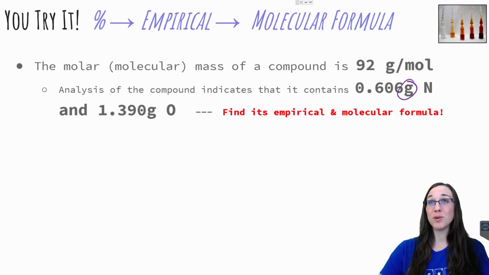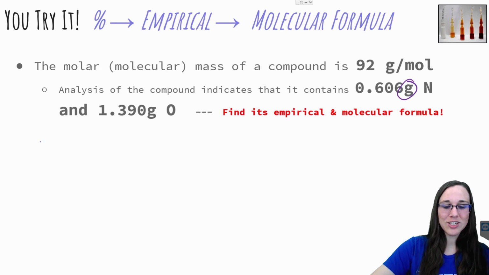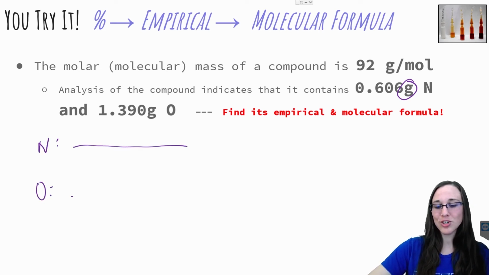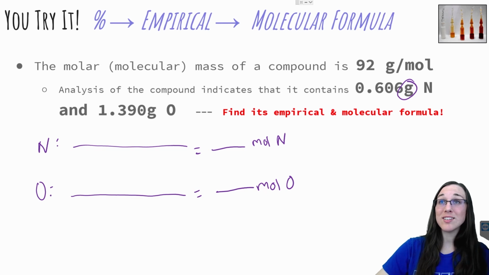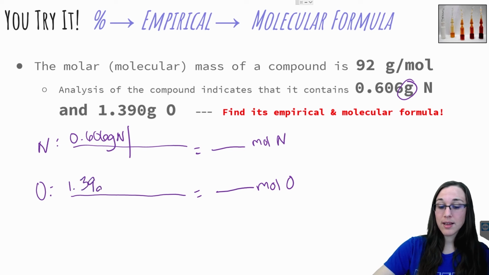Now in this case, we were already given the data in grams, so we didn't have to replace our percent sign with grams. But we're going to start the same way we always do anyhow. We're going to take our nitrogen and our oxygen and draw a little dimensional analysis, magical line to freedom for both, because we're going to first find the moles of each. Our givens are 0.606 grams of nitrogen and 1.39 grams of oxygen.